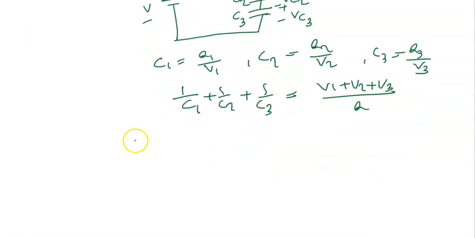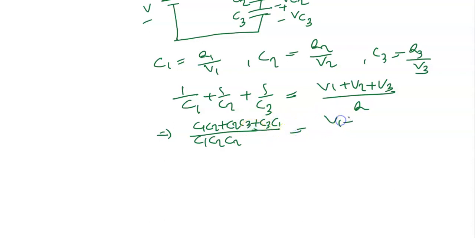Which implies C1 C2 C3 upon C1 C2 plus C2 C3 plus C3 C1 is equal to Q upon V1 plus V2 plus V3. I want to find out the V1. Because Q is equal for all, any of the variables V1, V2, V3 you can find out.